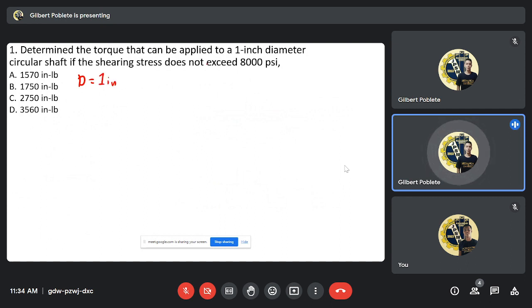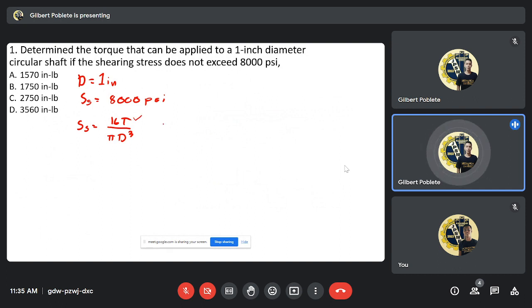Tapos, meron tayong shearing stress na does not exceed 8,000 psi. Tapos yung formula natin sa stress sa shaft is shearing stress equals to 16T over pi d cube. So ayan, pwede natin siyang ma-solve, no? Makukuha na natin yung torque niya.